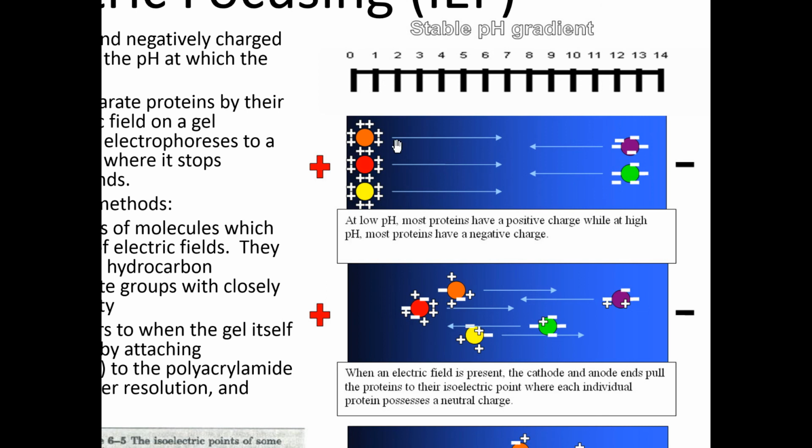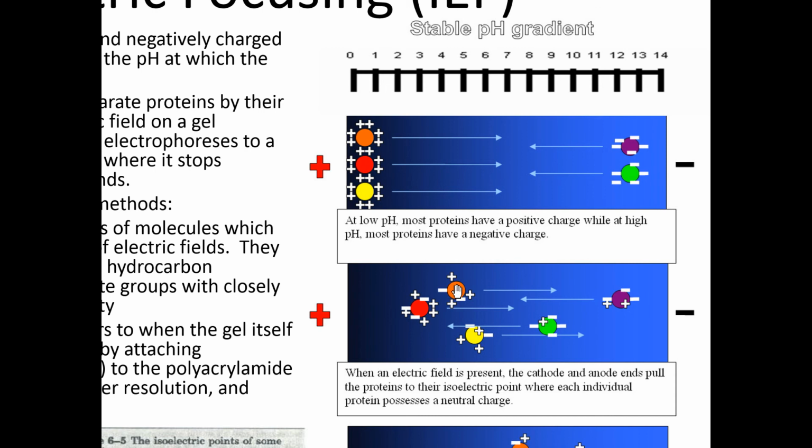Remember, electrophoresis requires the molecule to be charged. So as long as the molecule is charged, it's going to continue electrophoresing. This molecule, for example, goes from left to right, and once it reaches the point in the gel, its isoelectric point, the pH at which its charge disappears or is balanced, at that point it stops electrophoresing.